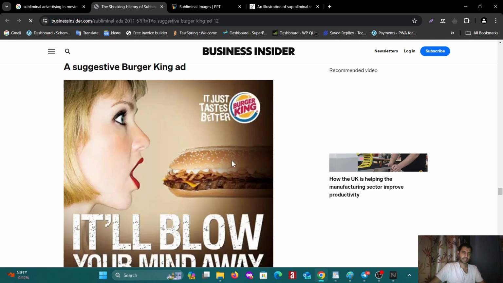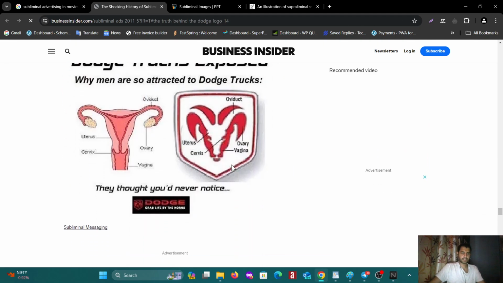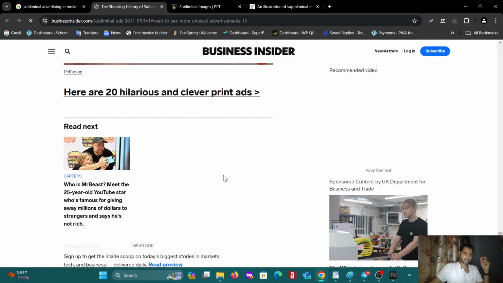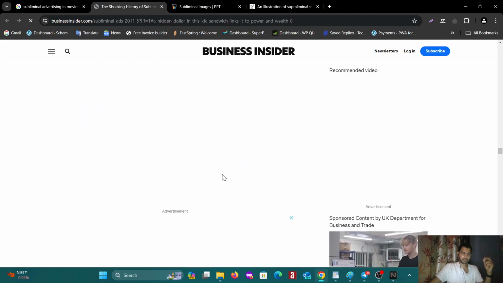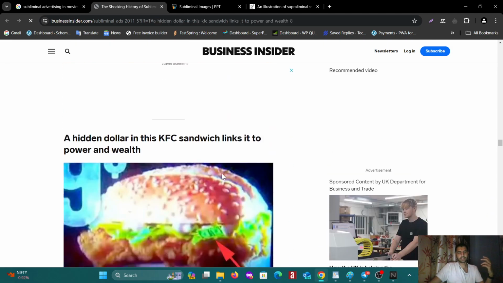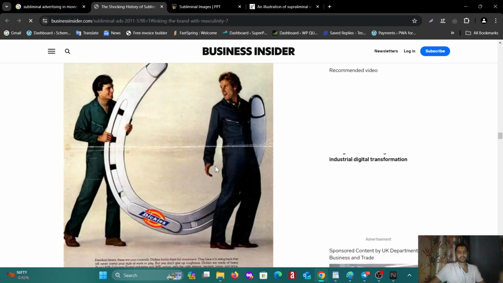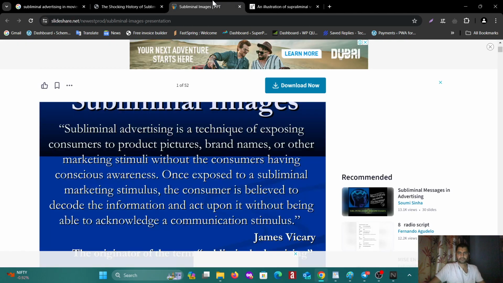This is how it is working. Okay, and this is another aspect. These things are unconsciously put into our mind. You may say, oh, I didn't take this image like that, but it is working that way. So this is what the subliminal effect actually means, and it works.